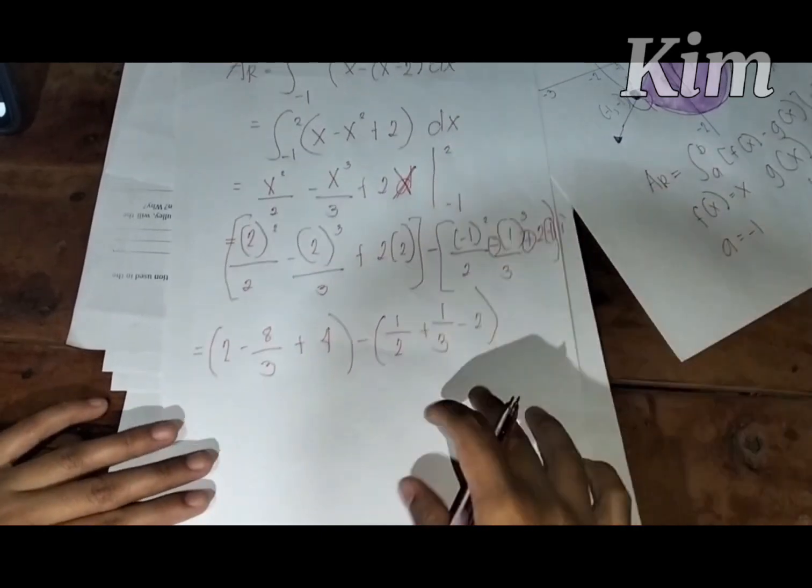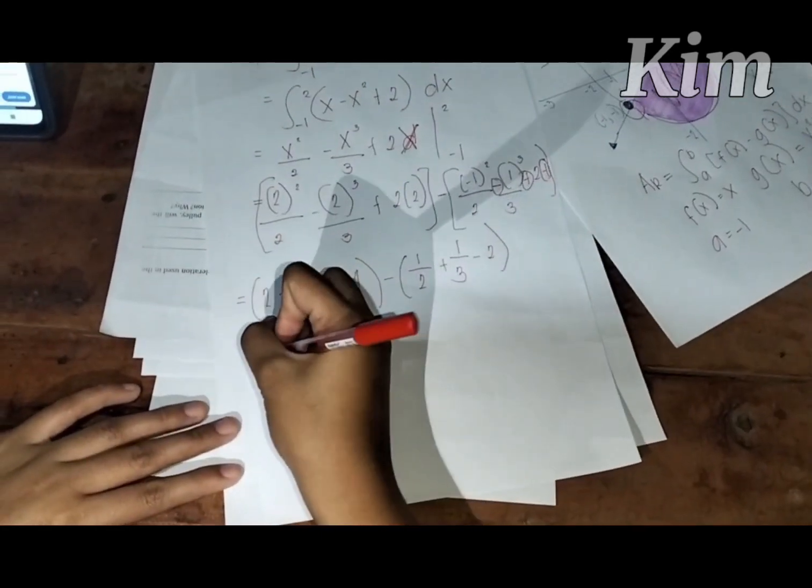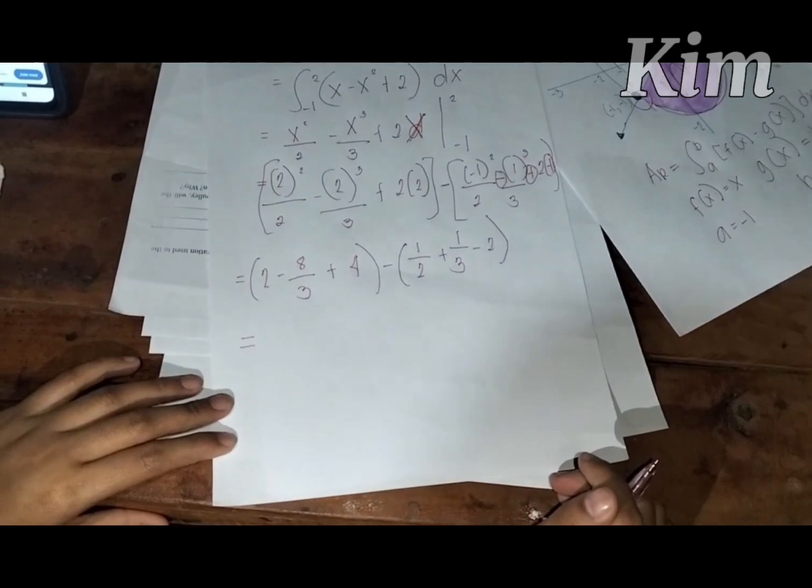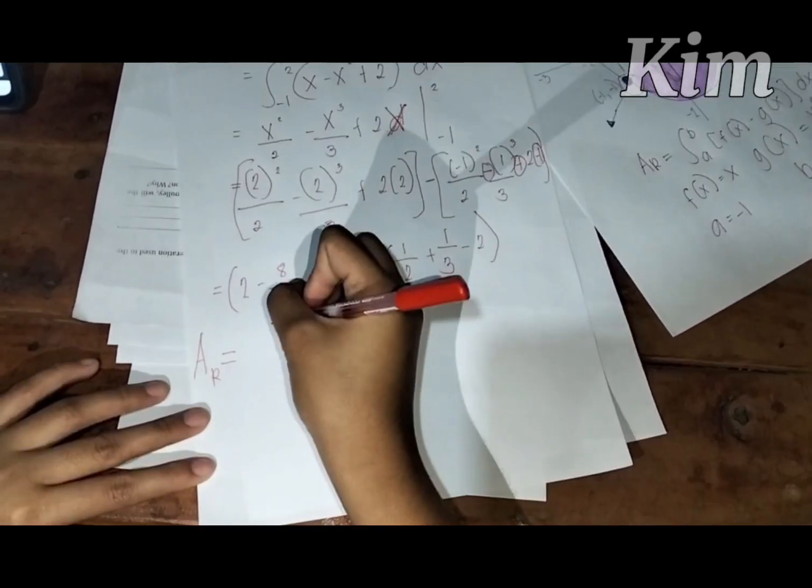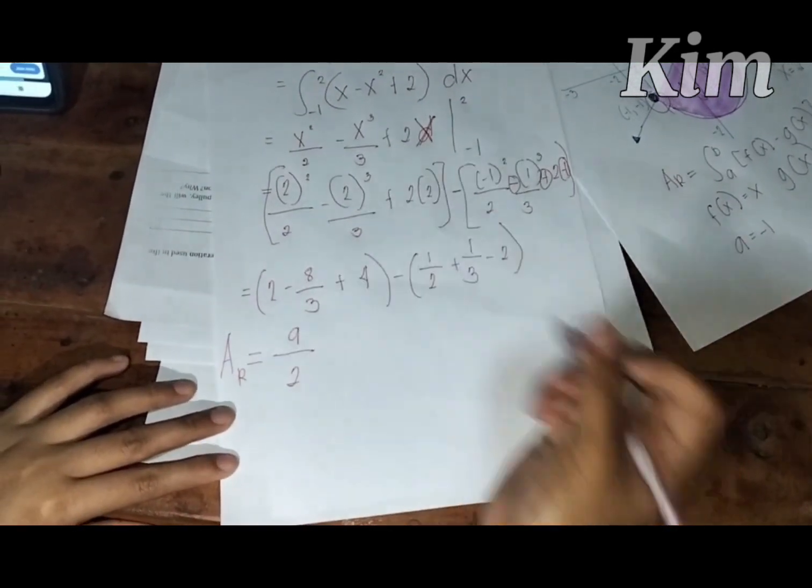Combine it all using a calculator, and the area of our region is equal to 9 over 2.